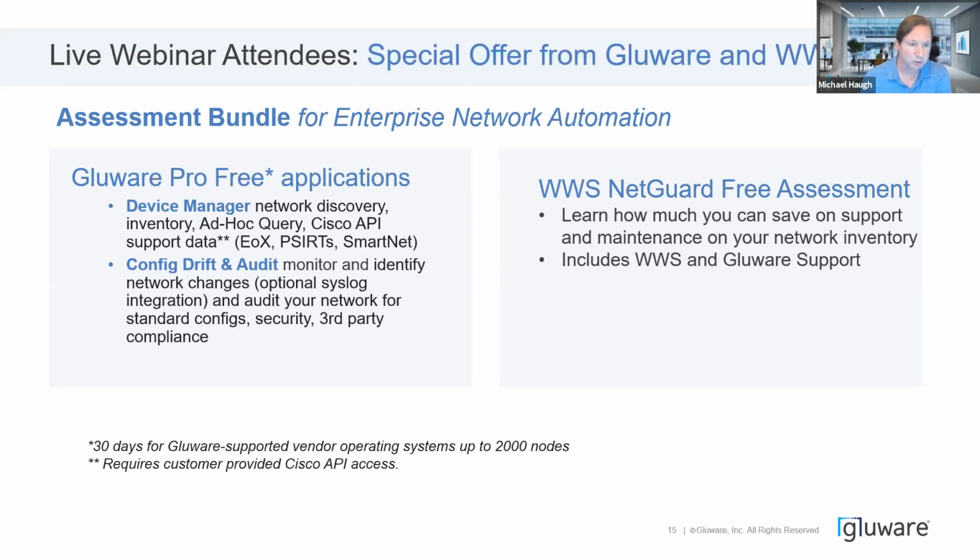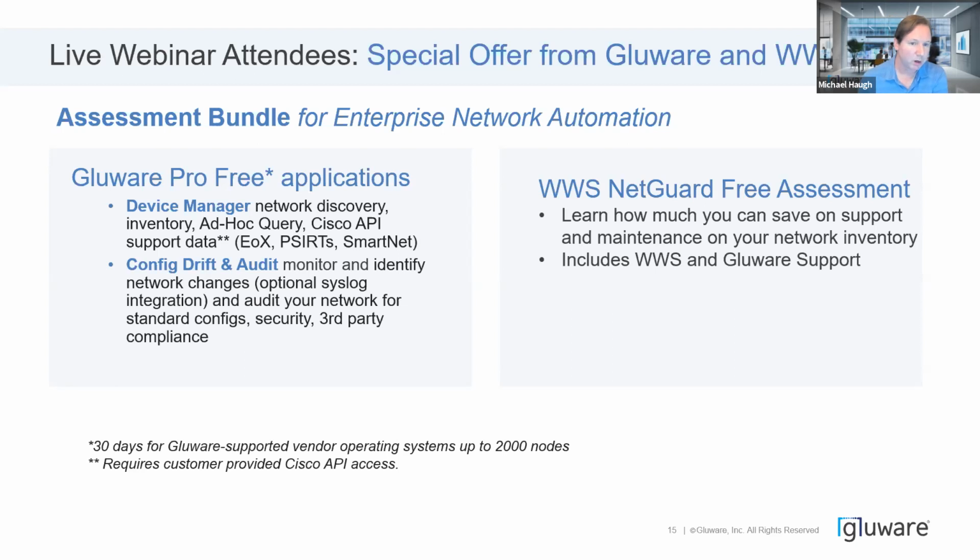You could take action through continuing to use Gluware to automate changes and upgrades and standard policies and other things. And you could also, with the data you're going to be able to collect in this assessment, turn that data over to WWS and they're going to be able to provide you a NetGuard assessment and just see how much you could save, as Ken has been sharing.